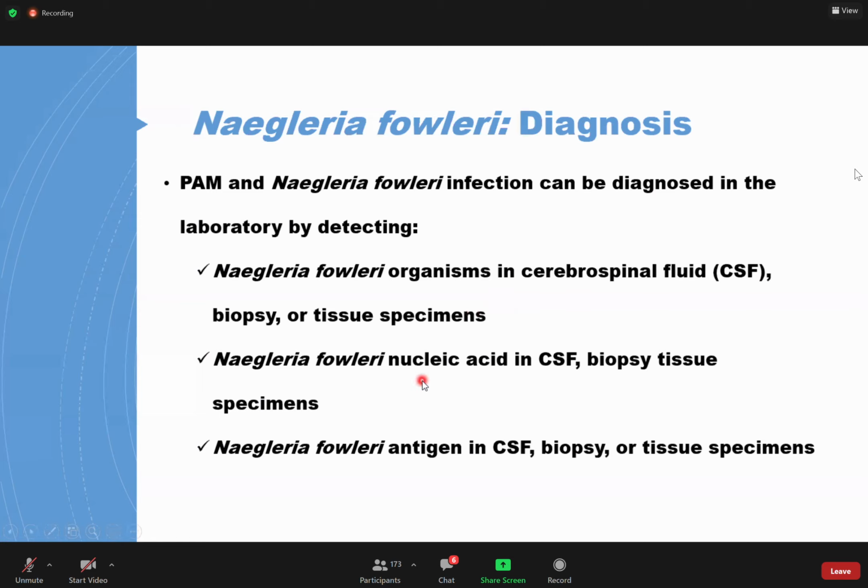We can also perform molecular assays looking for nucleic acids of the organism in the CSF or at times in biopsy specimen. So maybe after death, you want to be sure what led to this rapid decline in the patient. So you can send in brain biopsy tissue for analysis. We can also perform serology, looking for antigens associated with the organism in cerebrospinal fluid or biopsy specimen or any other tissue specimen.